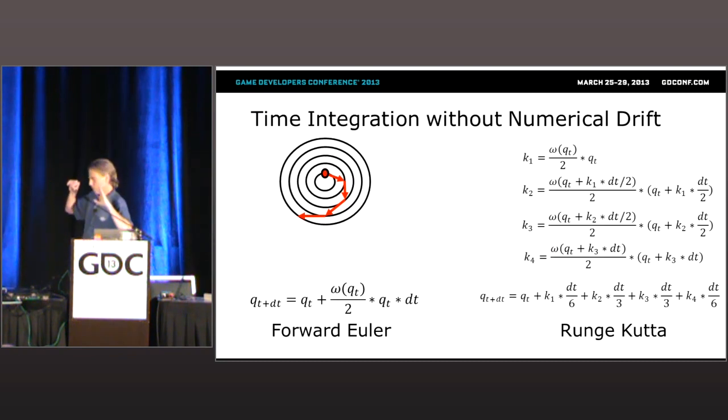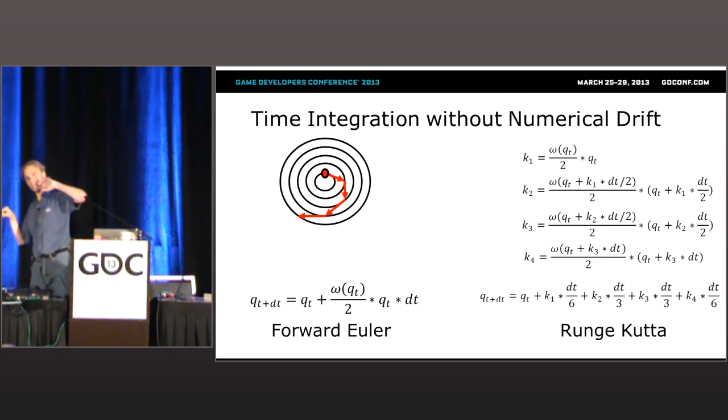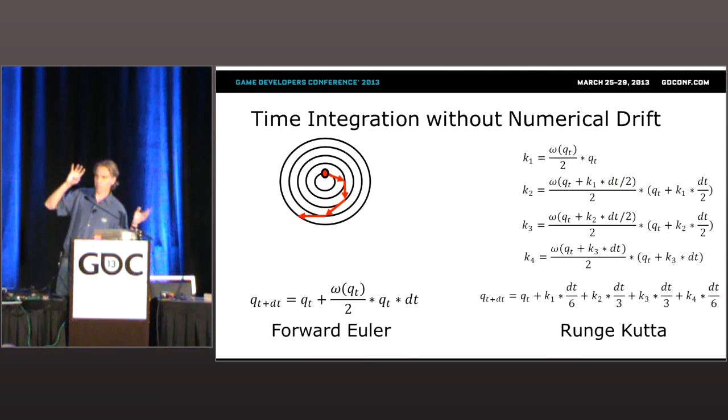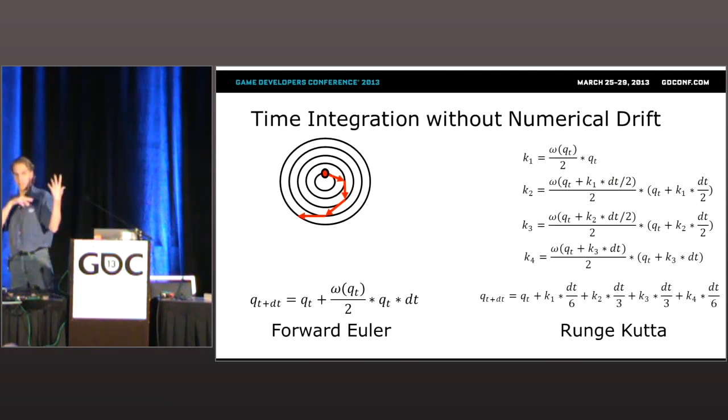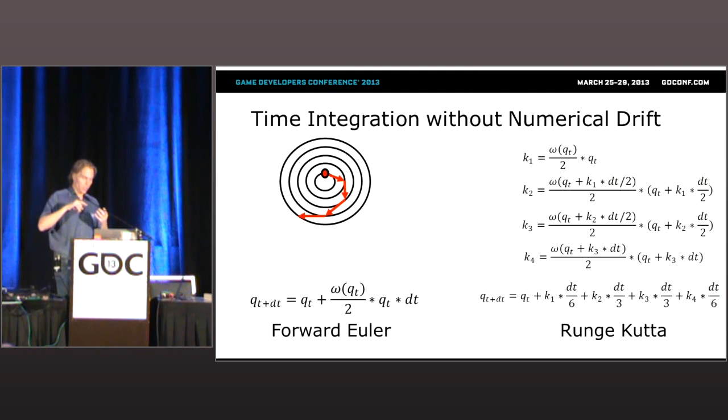Lean back, take a half step along that direction, look down, what's the tangent or derivative here? Got a new value, lean back. Now lean forward a full step with that latest tangent vector, look down, what's the derivative or tangent out here? And then, instead of using that last one, you take a weighted average of all four of those derivatives, or all four of those tangents, and that's how you advance yourself.